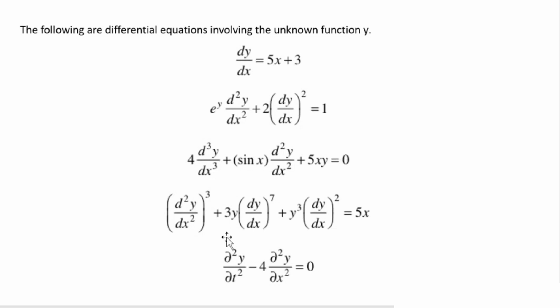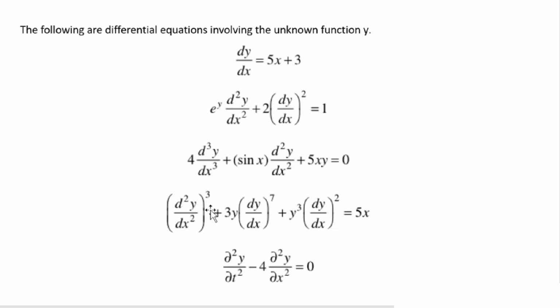On the next example, we have the quantity d squared y over dx squared to the power of 3 plus 3y times the quantity dy over dx to the power of 7 plus y cubed times dy over dx to the power of 2 is equal to 5x. In this case, class, to determine the order of the ordinary differential equation, do not look at the exponent as a derivative.